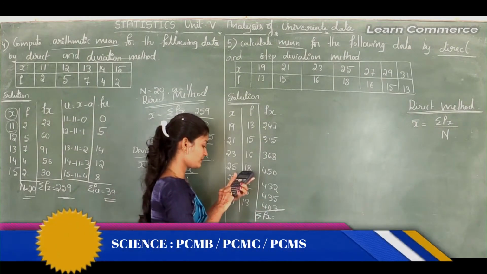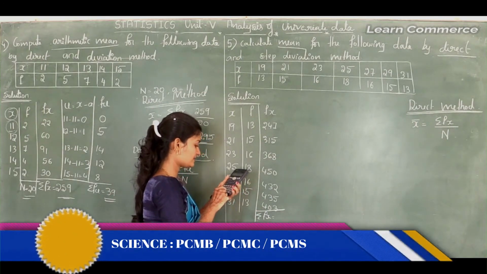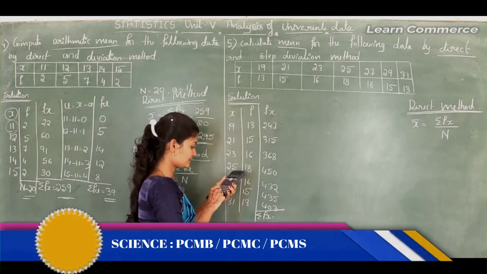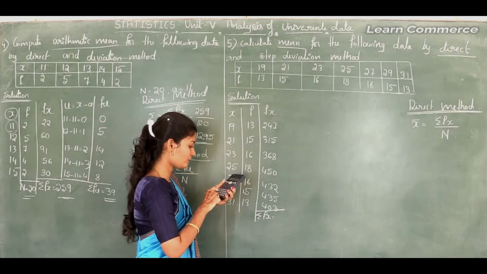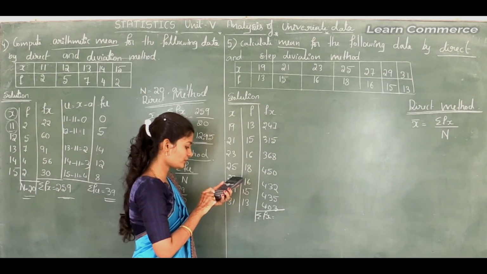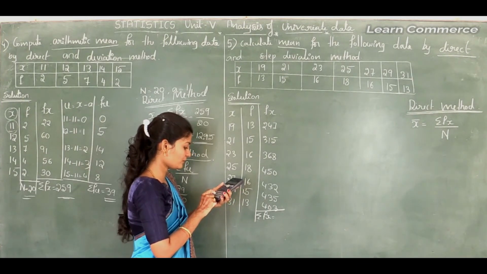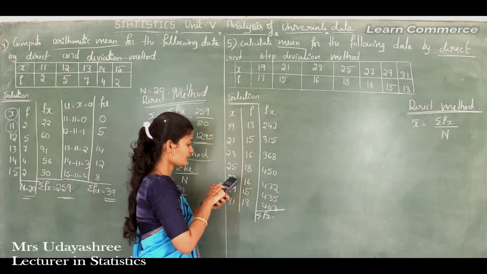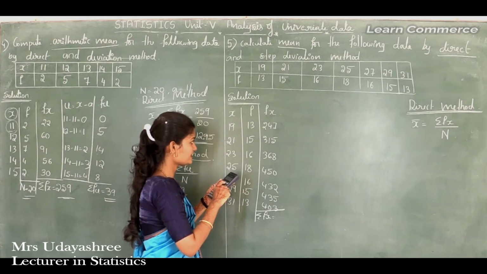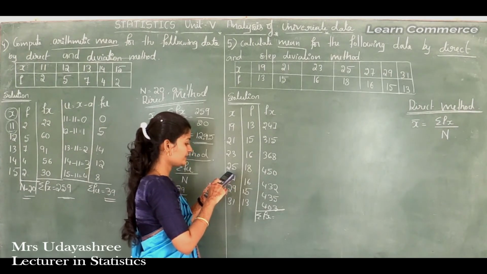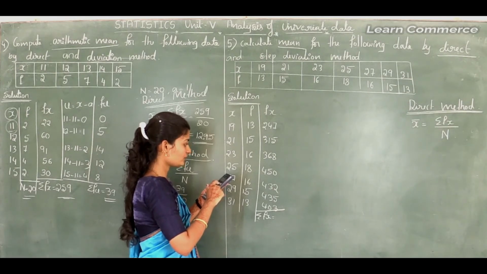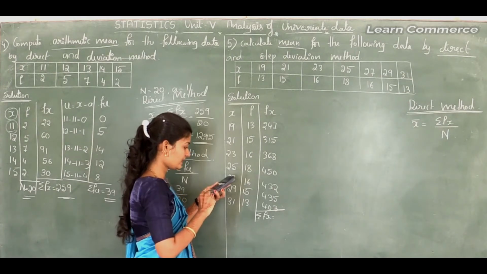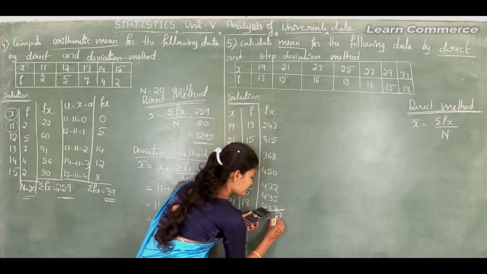That is, the first observation is 247 plus 315 plus 368 plus 450 plus 432 plus 435 plus 403, which is 2650.